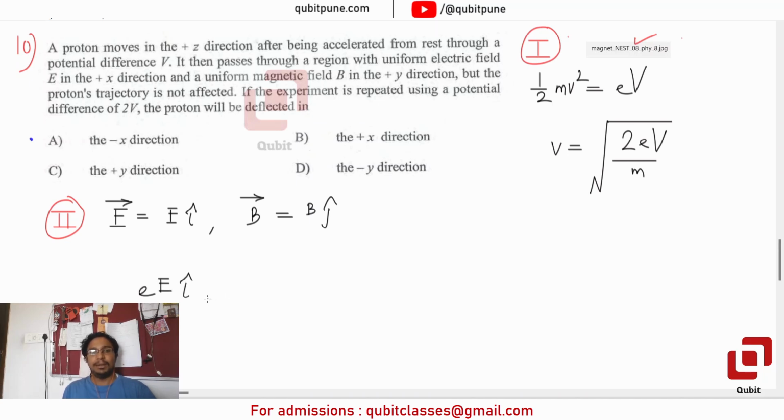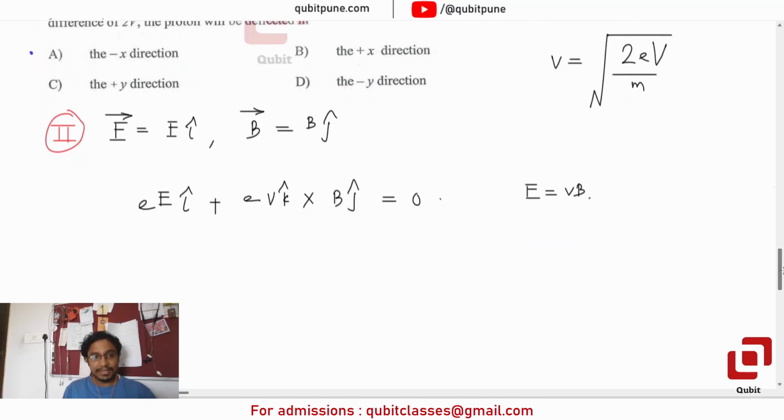Exactly: E i cap plus q V bar, which is V k cap, cross B j cap is equal to 0. We know that E will be equal to V bar in that case. k cross j is negative i, so E is equal to vB. We know that.